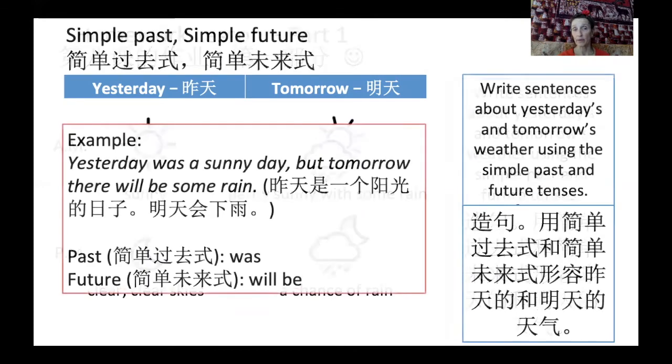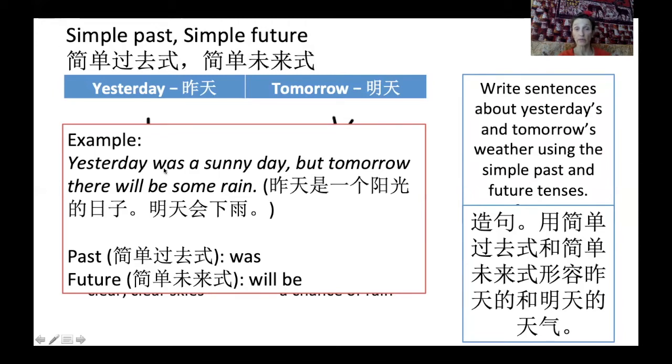So here's an example. Yesterday was a sunny day, but tomorrow there will be some rain. So 昨天是一个阳光的日子，明天会下雨. Okay. So in this example, the simple past tense is the word was.